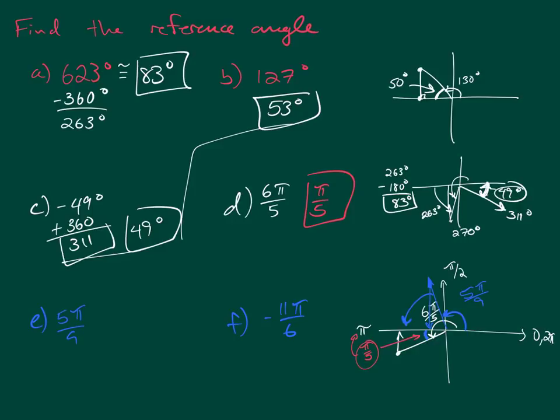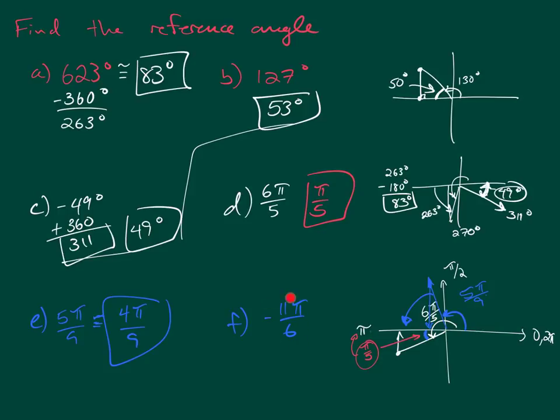To complete over to a full pi, we just need to do a simple subtraction, the bigger minus the smaller. So the reference angle for 5 pi over 9 would be equal to 4 pi over 9, because 5 pi and 4 pi equal 9 pi, but when you divide it by 9, that's how you get the whole pi we're looking for.